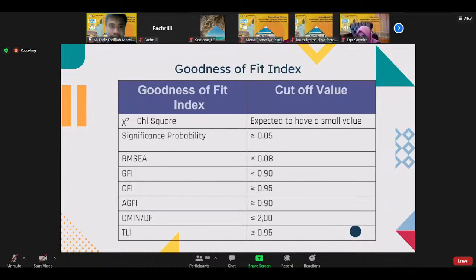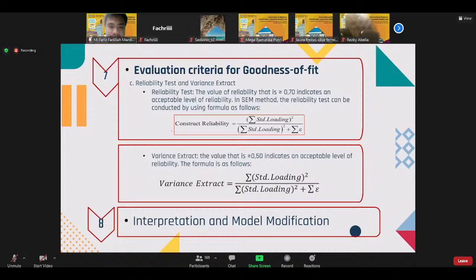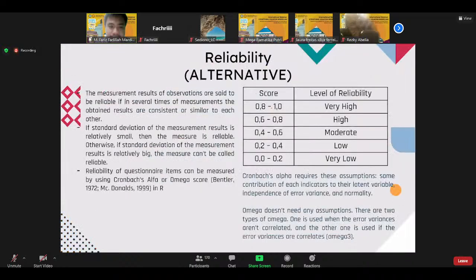Okay, the model is good or satisfies the goodness of fit condition when it meets the criteria. There are also criteria of levels related to reliability: very high, moderate, low, and very low.